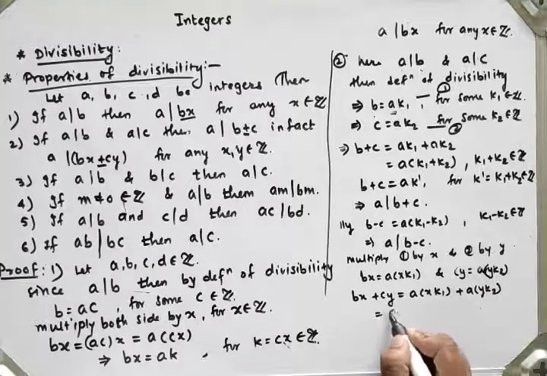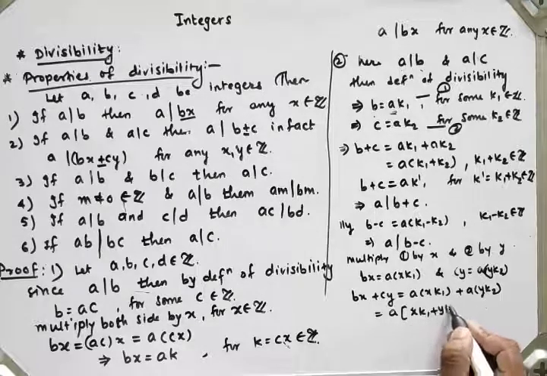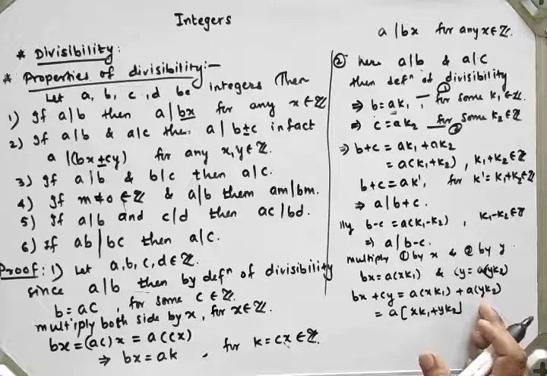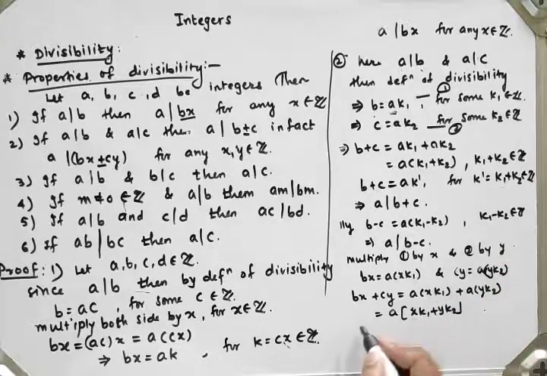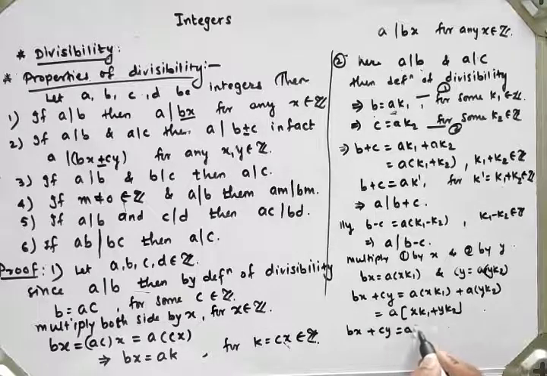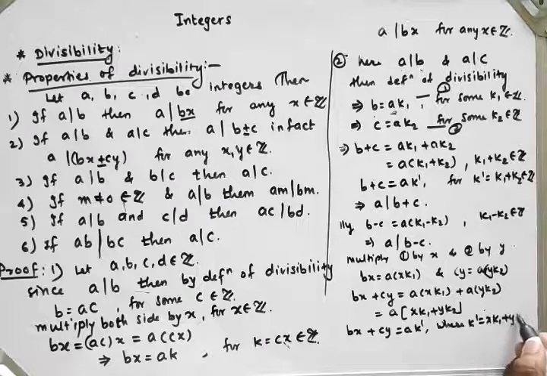So what will you get? A into bracket x into k1 plus y into k2. Here x, y and k1, k2 belongs to what? Set of integers. Then this value again belongs to set of integers. So I will write bx plus cy is equal to a into k dash, where k dash is equal to x k1 plus y k2 belongs to set of integers.